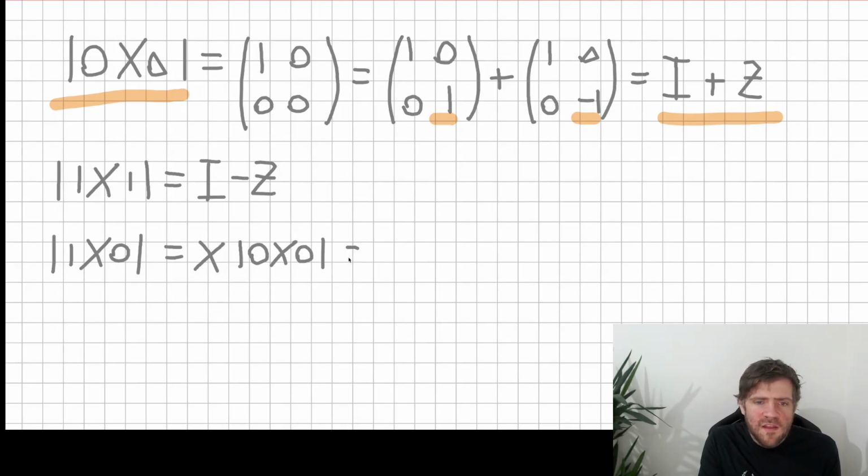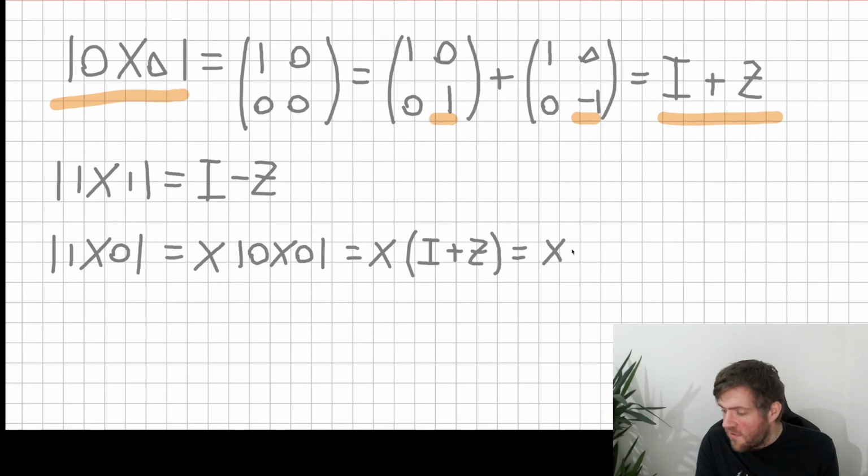And that means that it's X times identity plus Z. And X times identity is just X, and X times Z is, consult the notes, minus i, never can remember which way the sign goes, times Y.